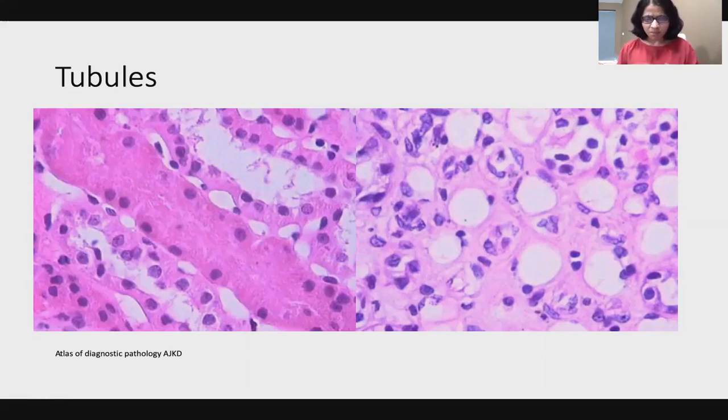They're slightly more spaced out. Whilst in the cortex, the tubules are back to back in a normal young kidney without much background damage, in the medulla, they're slightly more spaced, with slightly more fibrous tissue in between, and more flattened cuboidal lining seen.